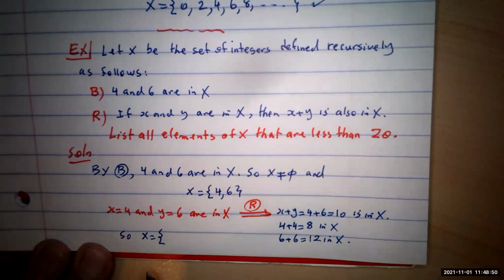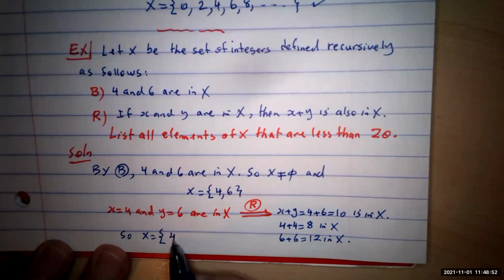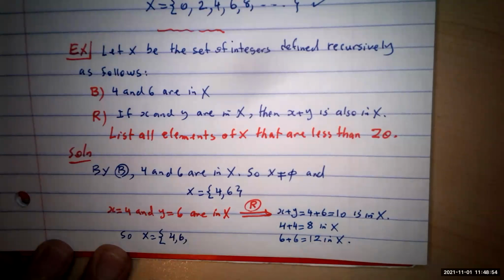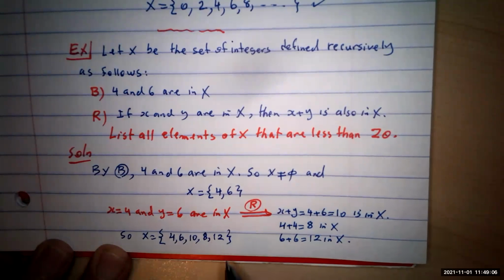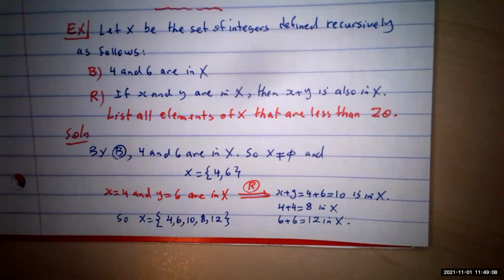Your X would be 4, 6, 10, 8, and 12. You see, you got lots of numbers here. Any question? They ask for all the members less than 20. Could you give us more elements now to get less than 20?